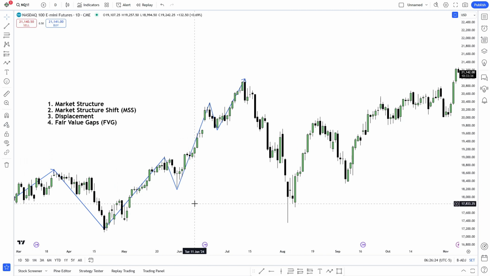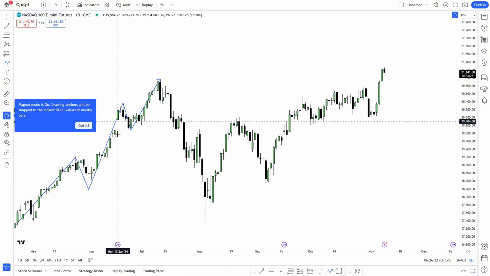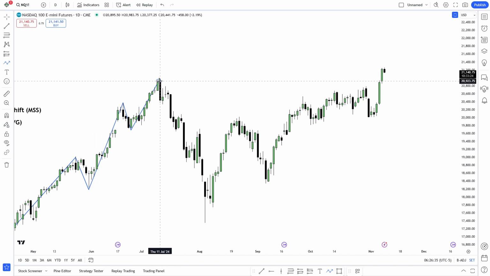All a market structure shift refers to is a change in trend, right? As I showed previously, we were clearly in a bullish market structure, and then right here we make a swing low, but then as you can see, we make this high here, failing to take out this previous high, and then we break lower here.